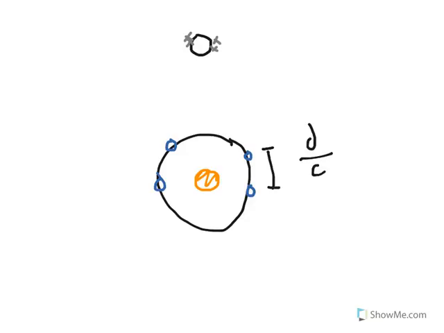Likewise, when the Earth is moving away from Jupiter when the moon disappears, light will have to travel this much more distance in order to reach the observers again. And so the time of the period will appear more by this amount of time. So the distance the Earth has traveled in that time divided by the speed of light. So this will add to the period and this will subtract from the period.